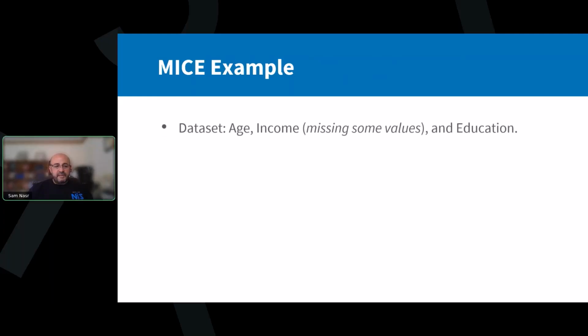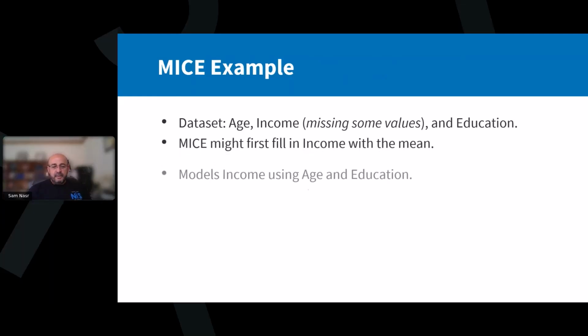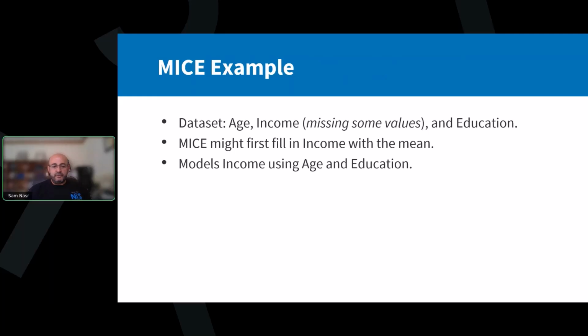For this example, we're going to look at a data set where we have age, income, and education. In the income field, we're going to have some missing values. Then we're going to implement MICE through Python code. It's going to fill it in with the mean value at first, and then calculate the missing income dependent on age and education.